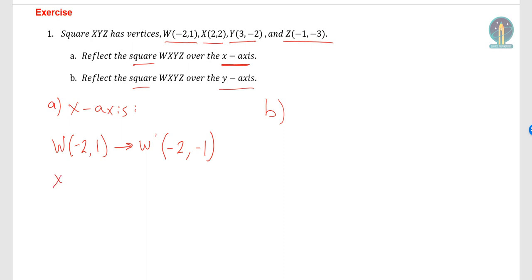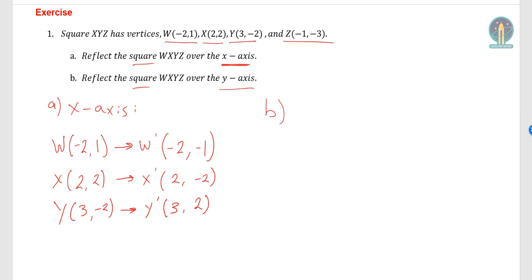Then X, (2, 2), becomes X prime, which is (2, -2). Point Y, which is (3, -2), becomes Y prime, which is (3, 2). Again, -2 times -1.